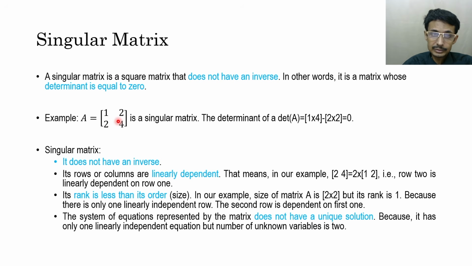That is required to get a unique solution. Because it has only one linearly independent equation, but the number of unknown variables is 2, we don't have a unique solution. Okay. So this is another important point.